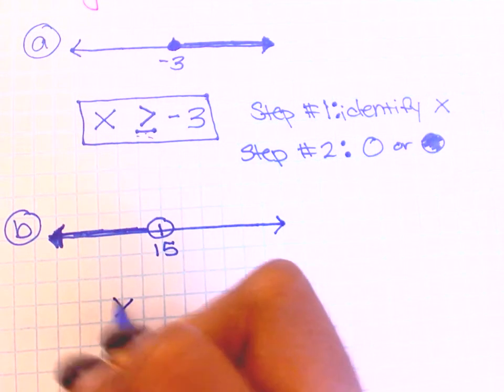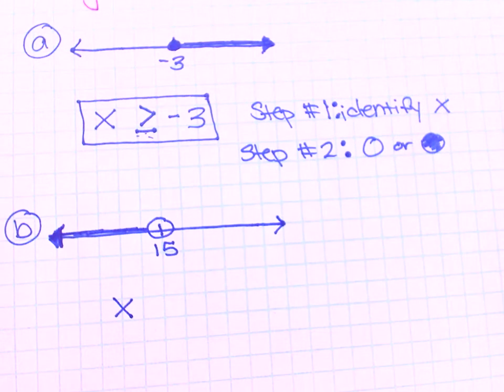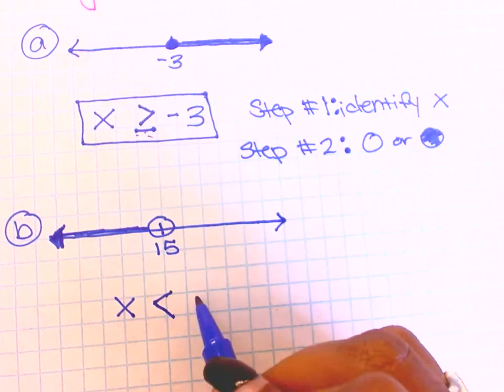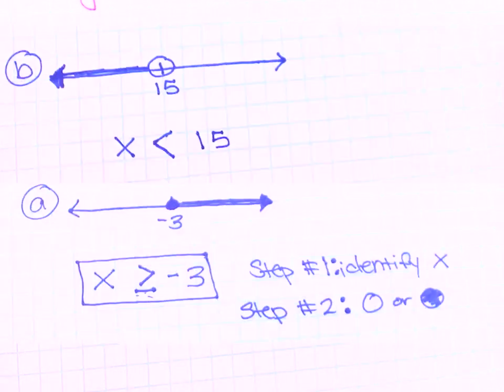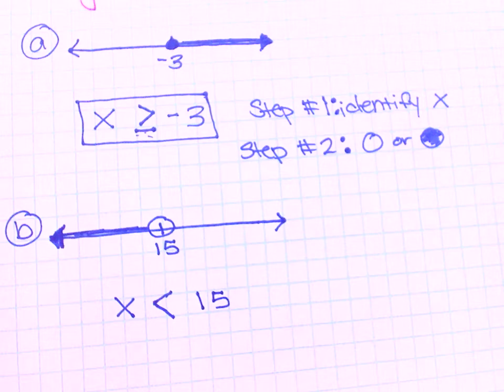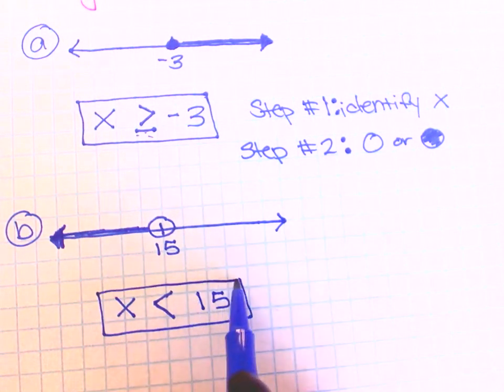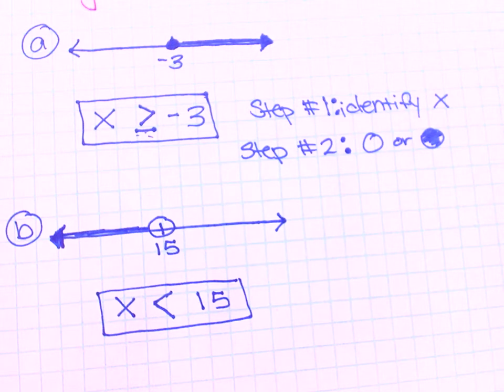So x is something, a number. Now it's shaded to the left, so that means all the numbers that are less than, so I'm going to put the less than sign, they're going to be less than 15. Now, it's an open circle, so it's not or equal to. It doesn't include the number 15, so I don't need that line underneath. Therefore, I am done. That graph tells me that something, x, all the numbers that are shaded, are less than 15.